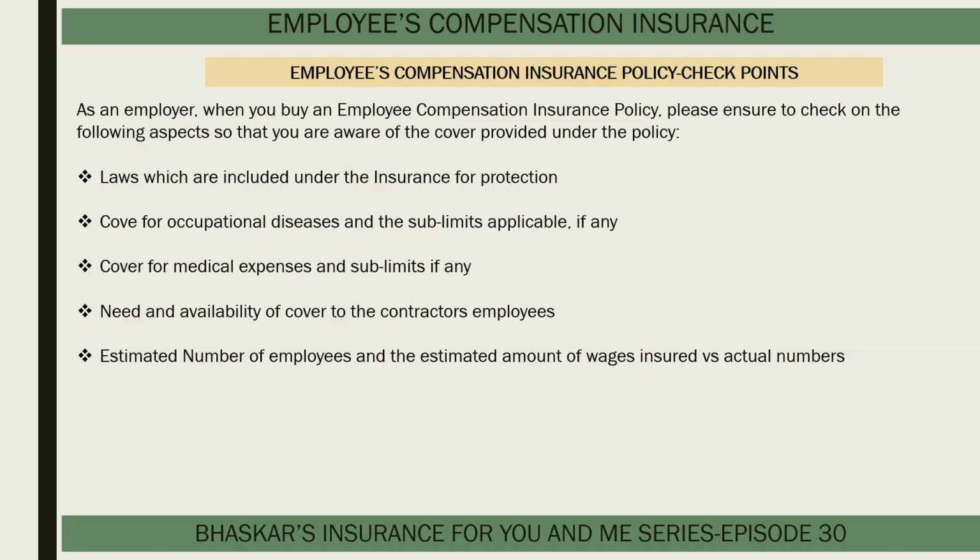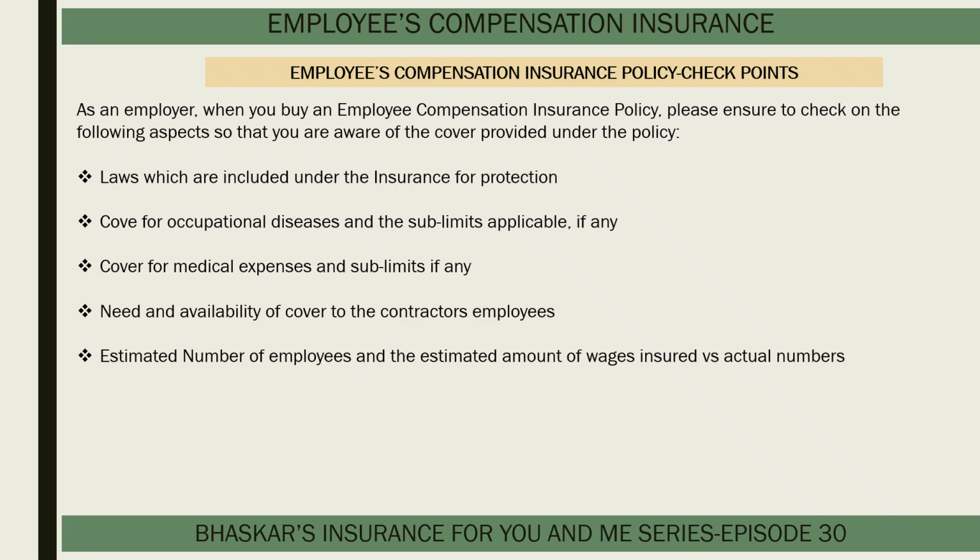So as an employer, when you buy an employee compensation insurance policy, please ensure to check on the following aspects so that you are aware of the cover provided under the policy. That is, the laws which are included under the insurance for protection. What are the laws which are included? And the cover for occupational disease and the sublimits applicable, if any.